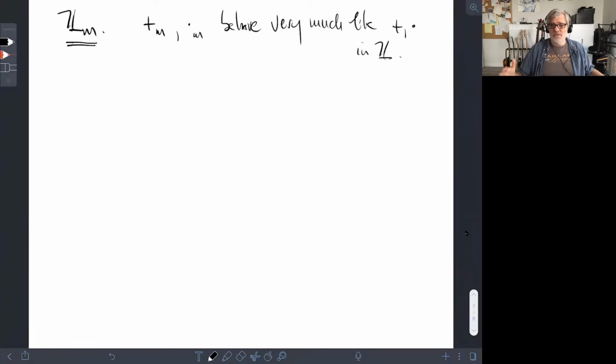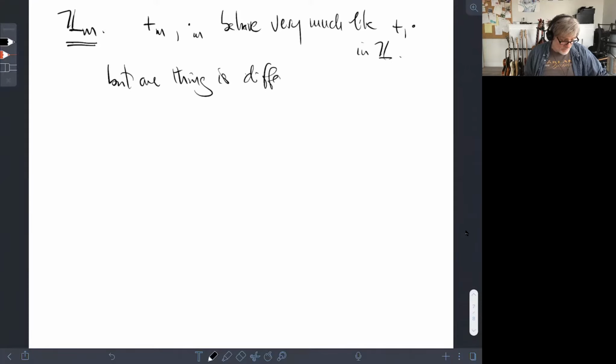So they're associative, commutative, you have the distributive law, everything works exactly the same as in Z, but there is one difference. And it's an important difference.